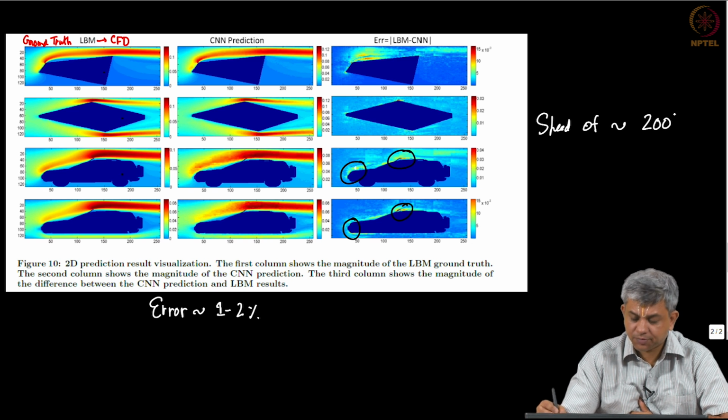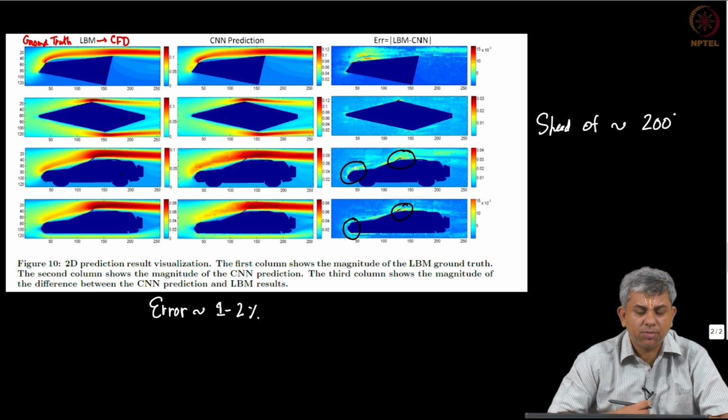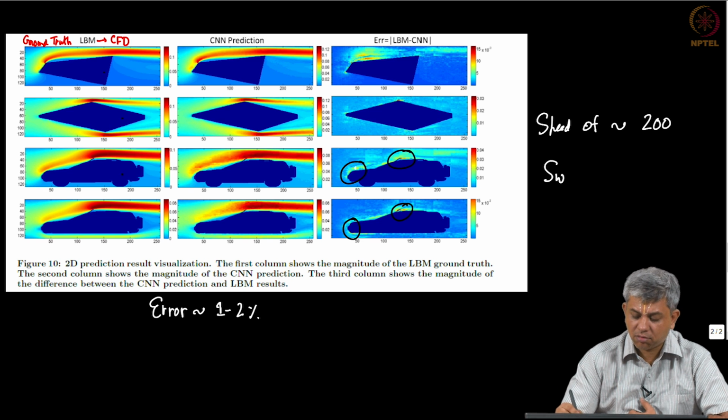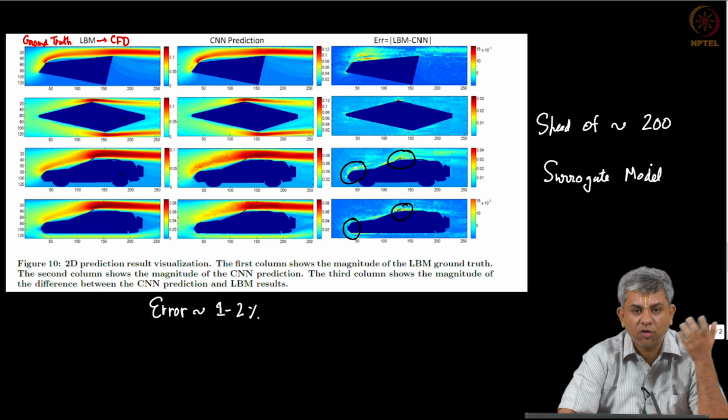Okay, depending on whether they used CPUs or GPUs, their speed up rates were quite different. So, this is actually an excellent surrogate model. Okay. Why is that? Because you can get up to 2% of the answer, at least in the whole flow field, about 200 times faster.